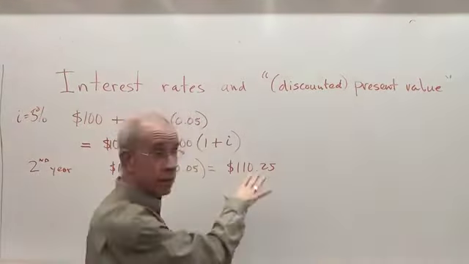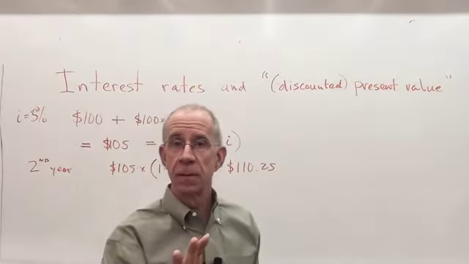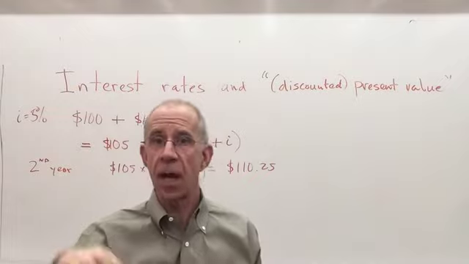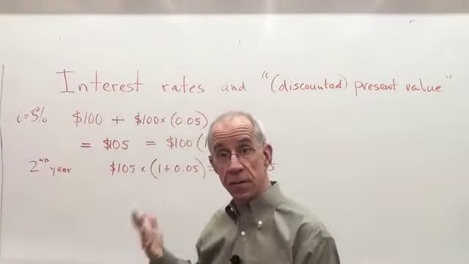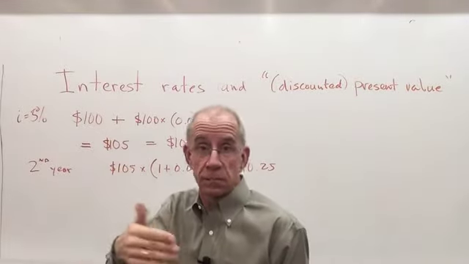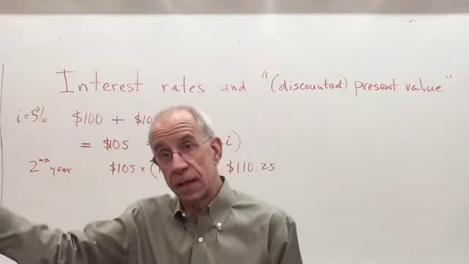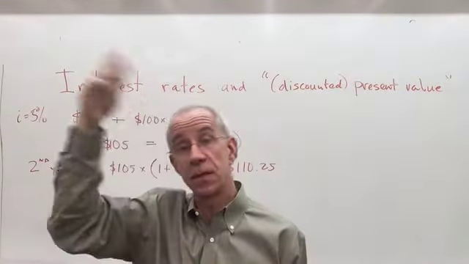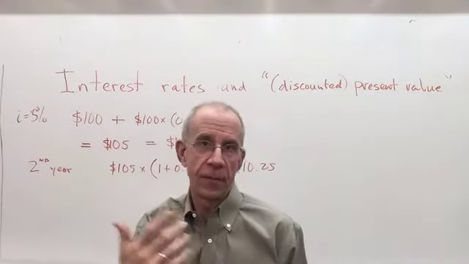Now, in this particular example, you should be indifferent between having $100 today or $110.25 in the future, because if you knew that this interest rate was 5%, you could take that $100 today and invest it or save it and get $110.25. And so it'd be the equivalent of getting $110.25 in the future.